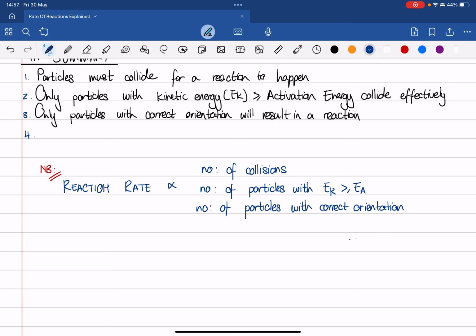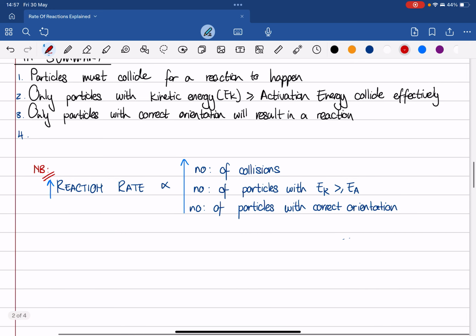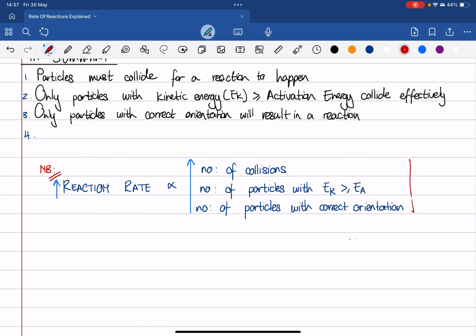So what does directly proportional mean? It means that as you increase any of these three values, you also increase the rate of a reaction. And if you decrease any of these three items, you're also going to decrease the rate of reaction.